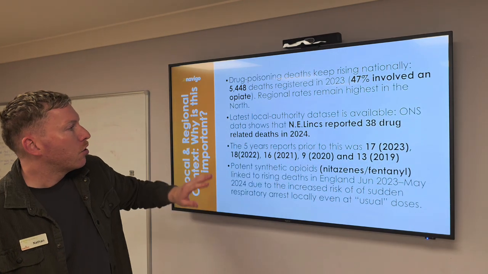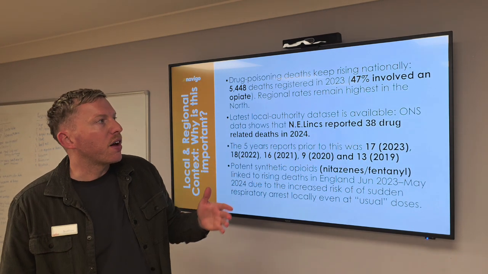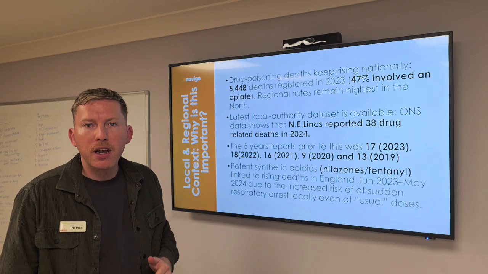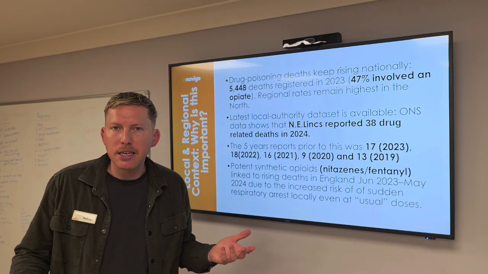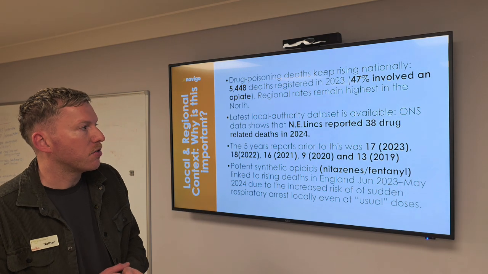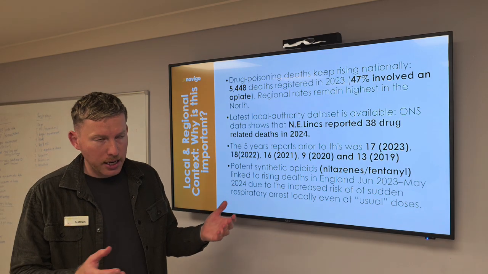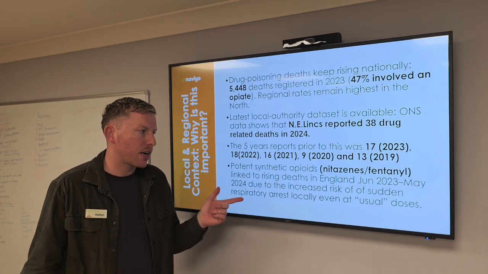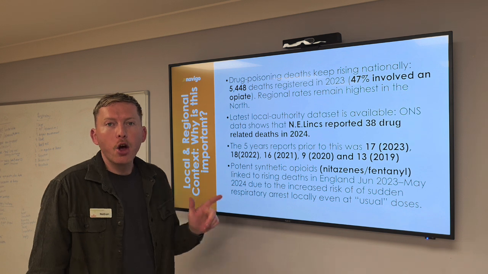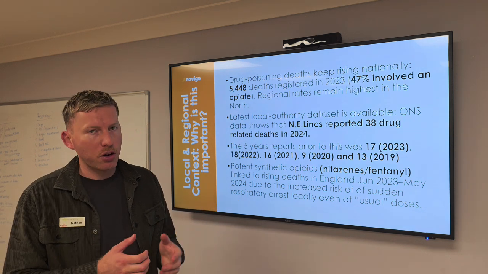2019, 13. So having 38 drug deaths with an average of 47% occurrence of an opioid gives us about 19 instances of an opioid related death. Locally and nationally, we are seeing a massive rise of synthetic opioid overdoses and deaths associated with this.